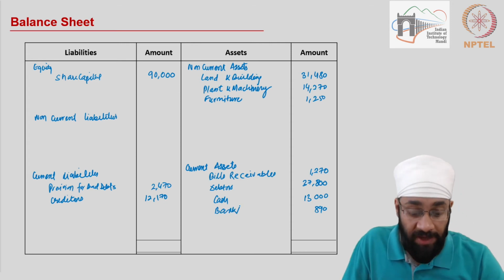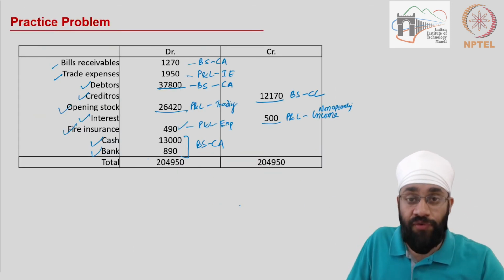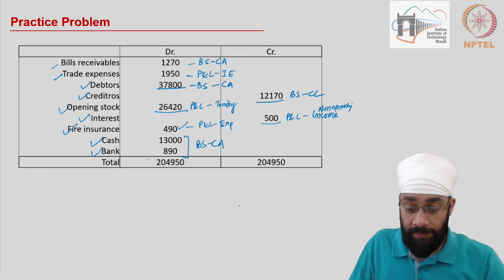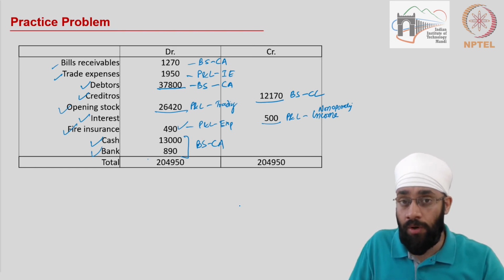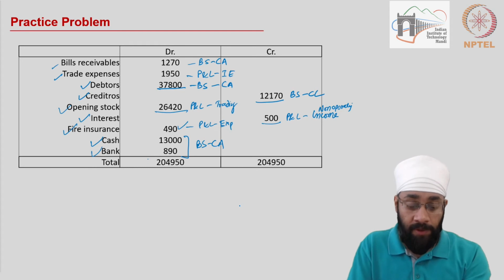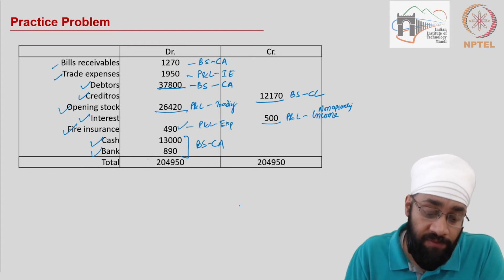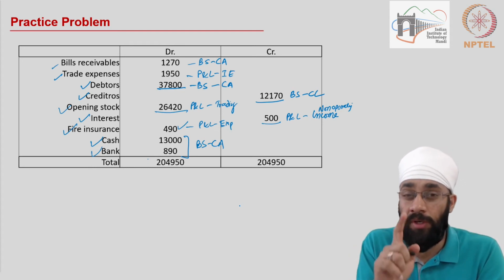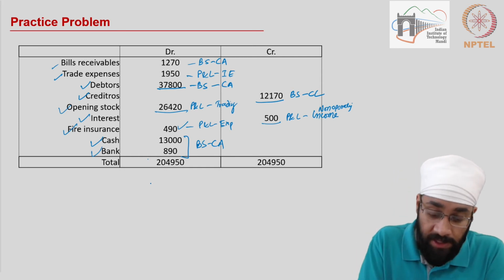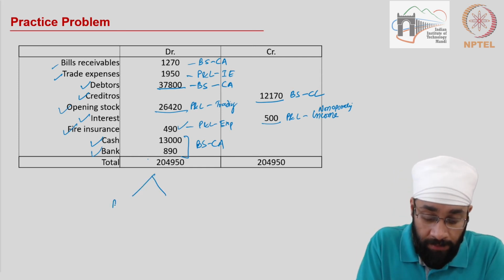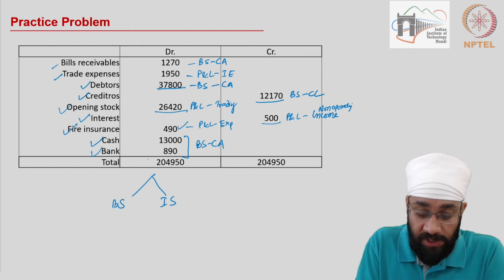There you go. We have posted every item from this trial balance to either the profit and loss account or the balance sheet. Again, you should remember that from the trial balance, every account balance is going to go to only one place. One of the two statements, either it is going to go to the balance sheet or the income statement.